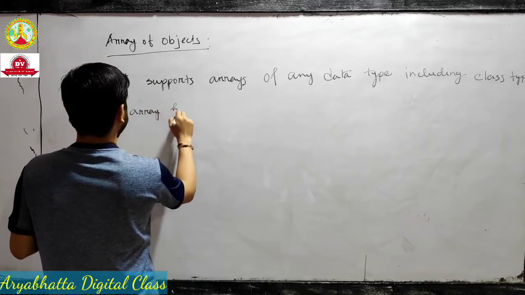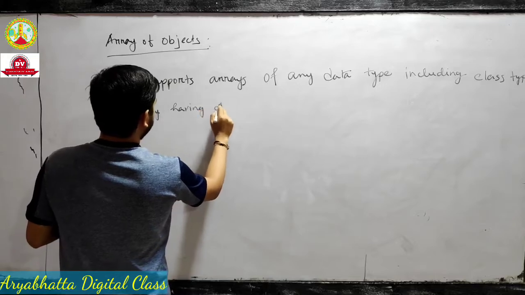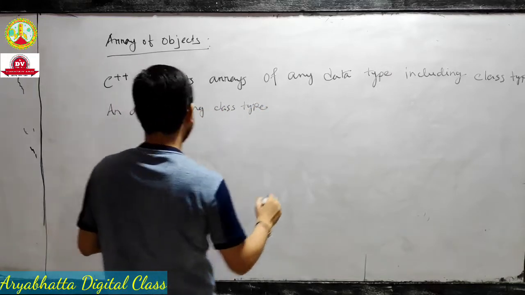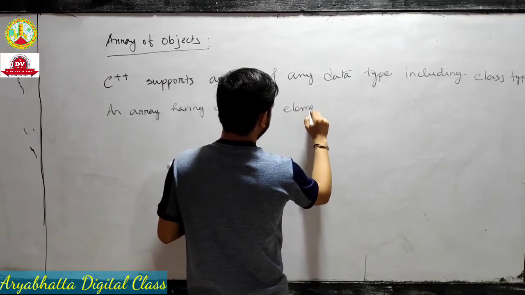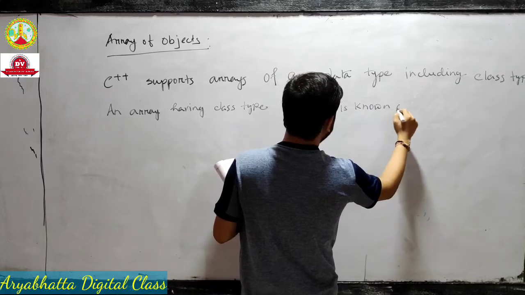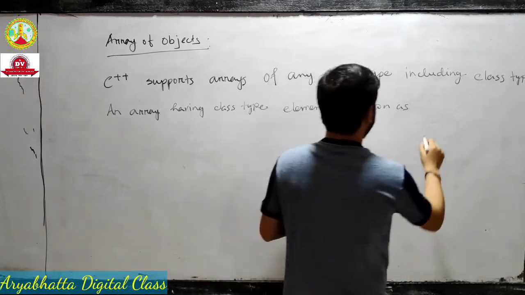An array having class type elements is known as array of objects.